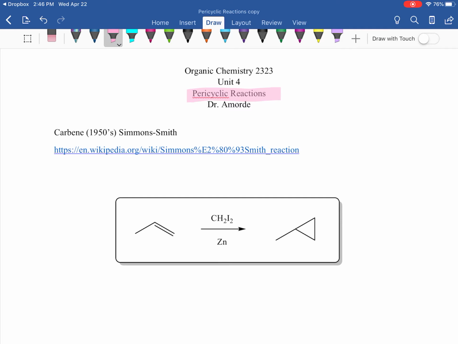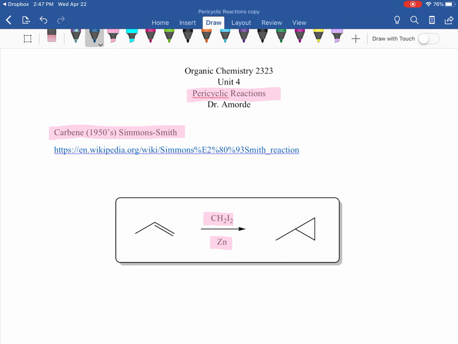So we looked at our carbene in our organometallics section. What's awesome is about 100 years ago, our organometallics started with some funky looking carbenes. By the 1950s, the Simmons-Smith reaction came out using very specifically zinc and diiodomethane.